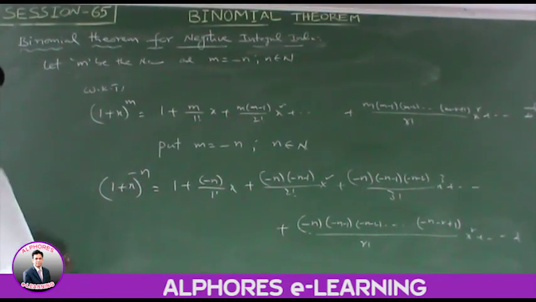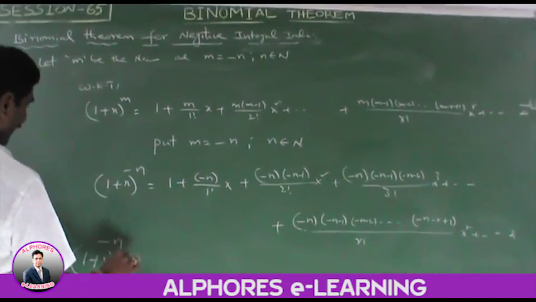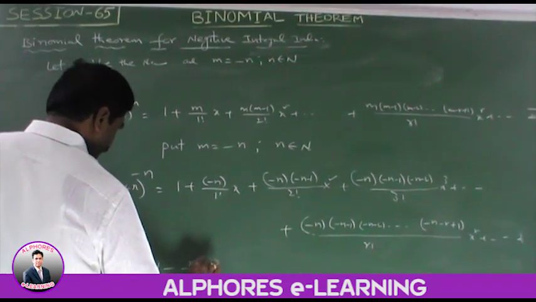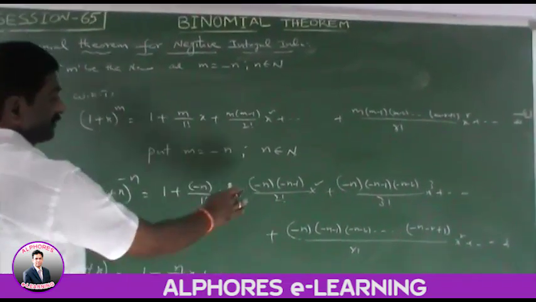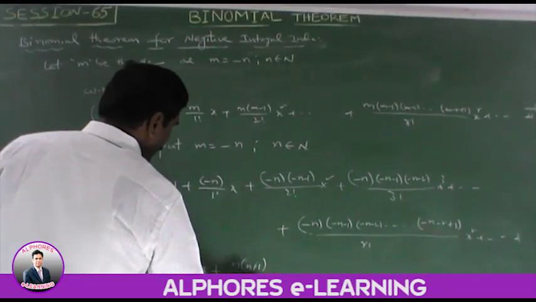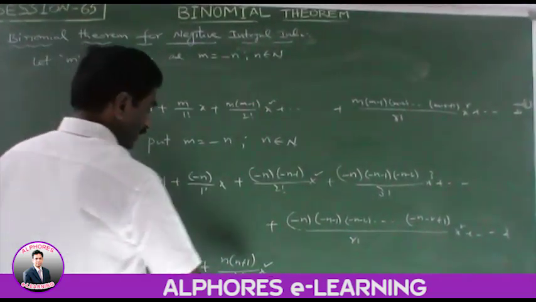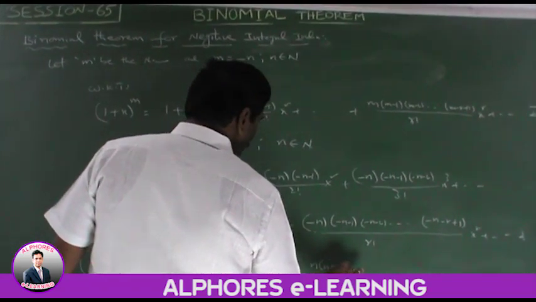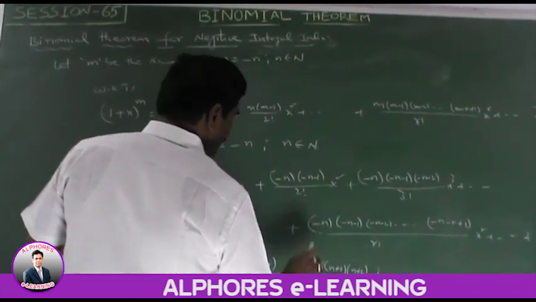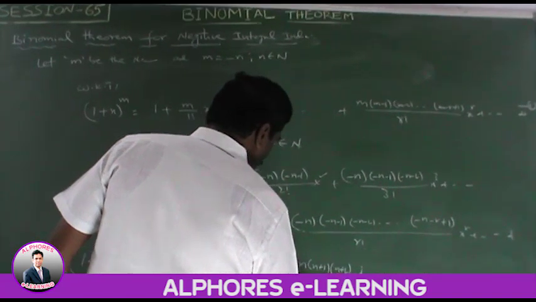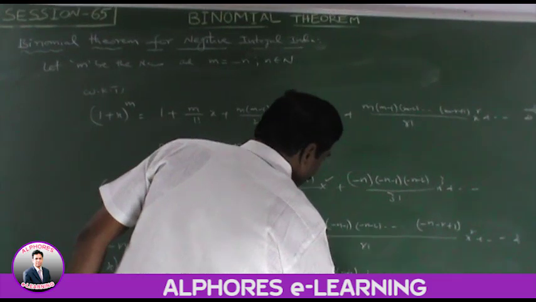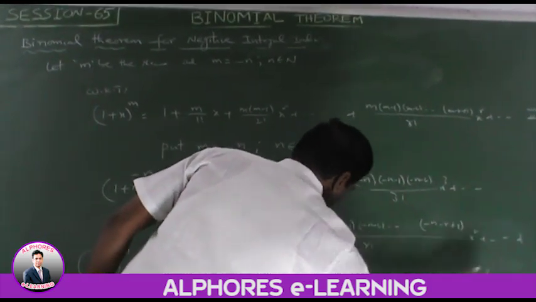That implies (1 + x)^(−n) = 1 − n/1! x + n(n + 1)/2! x², since minus into minus is plus, then − n(n + 1)(n + 2)/3! x³ plus so on. What is this term? (−1)^r n(n + 1)...(n + r − 1)/r! x^r plus so on to infinity.